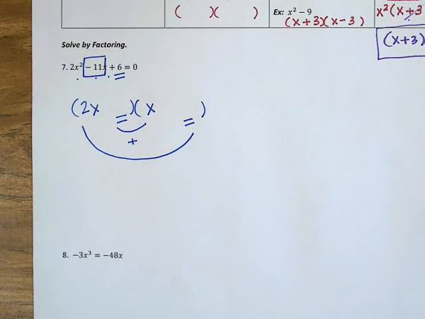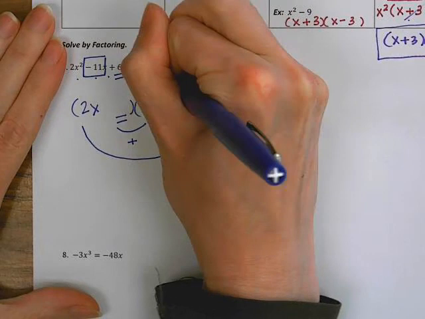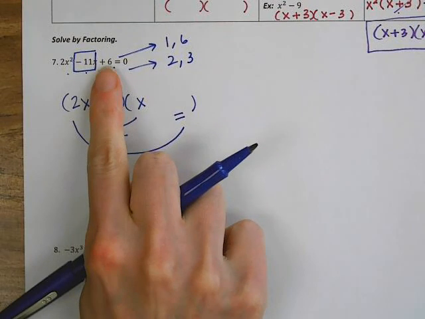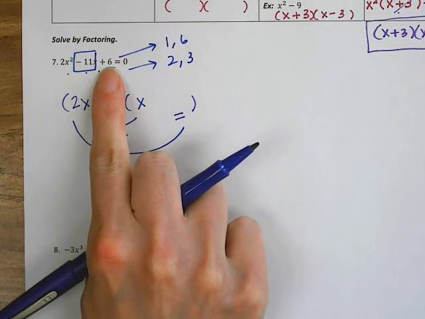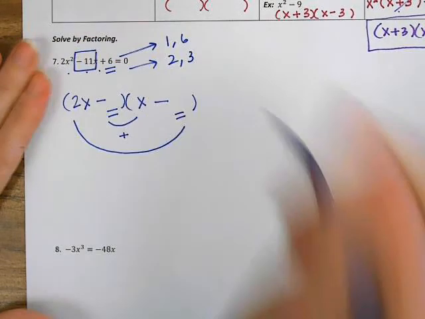So you got to be a little careful. So let's see. To multiply to 6 can be 1 and 6 or 2 and 3. So, and then they both have to be positive or both have to be negative, but because this one's negative, they're both going to be negative.